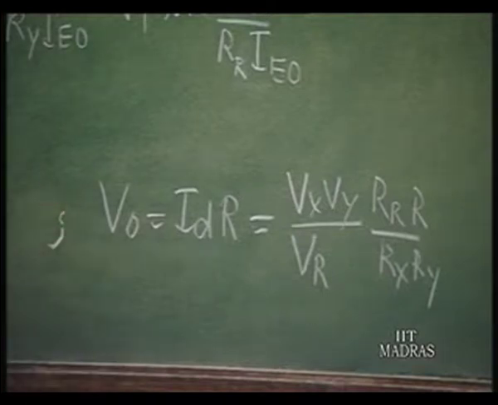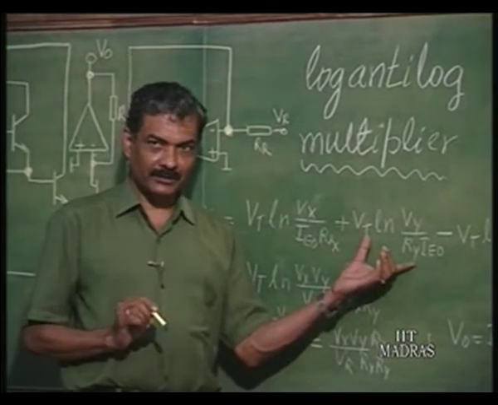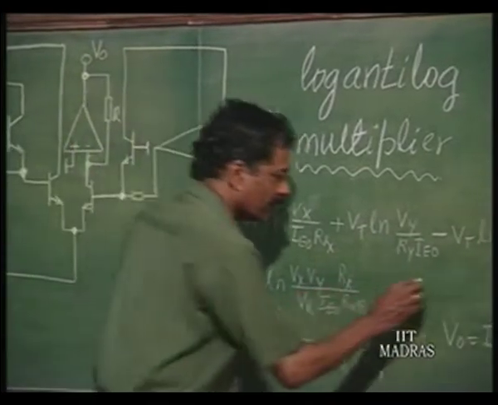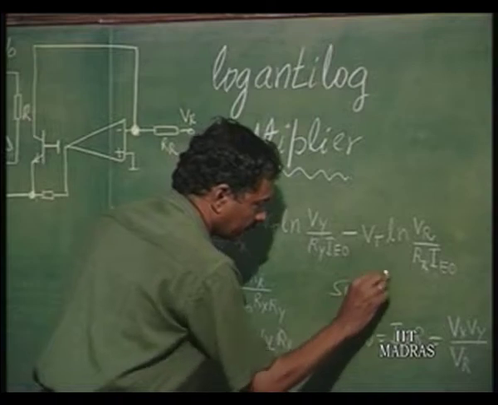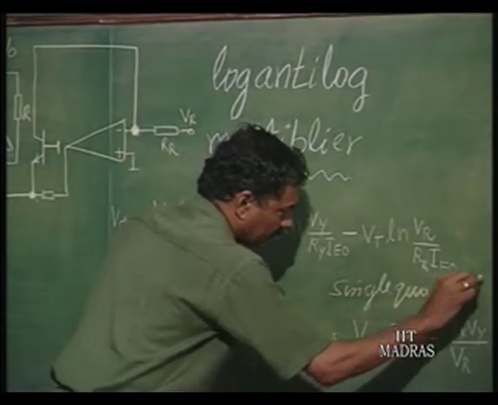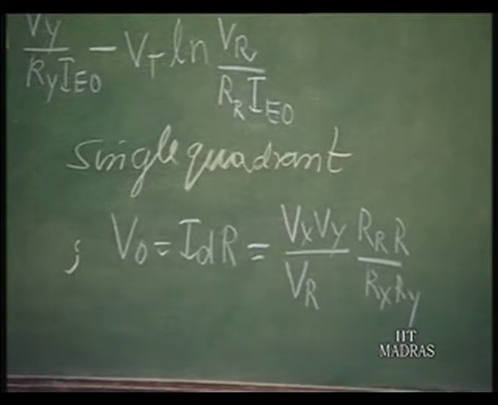But this is one quadrant multiplier, because you please note that all these diode voltages are valid for one polarity of the current. So, this is called a single quadrant multiplier, because Vx, Vy and Vr can only take one polarity. In this case, let us say plus.